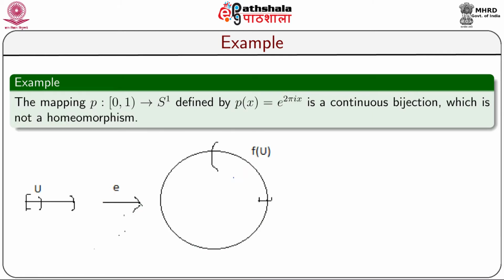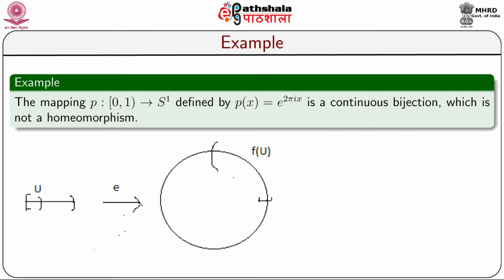So, this is an important example throughout the study of topology, which shows that not every continuous bijective mapping is a homeomorphism. We define the mapping from the semi-open interval [0, 1), where 0 is closed and 1 is open, to S^1, the unit circle.